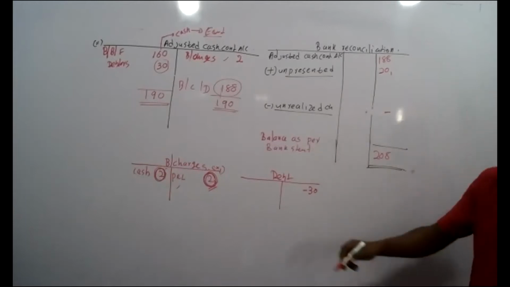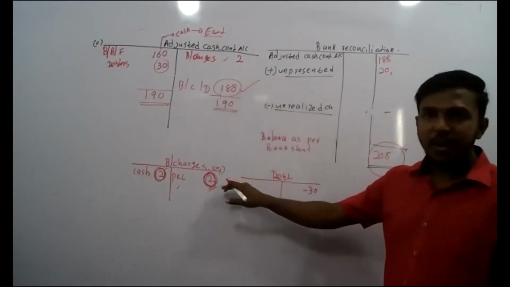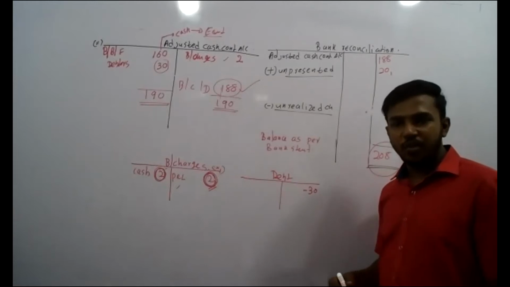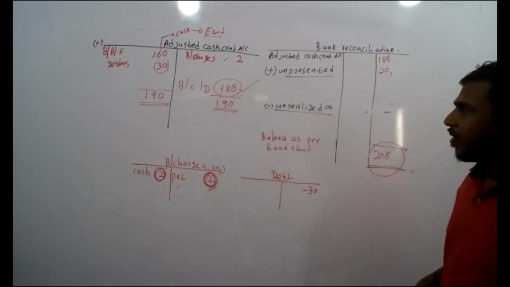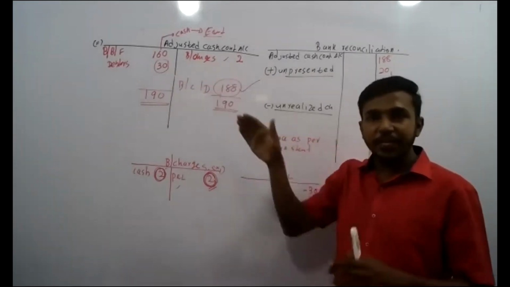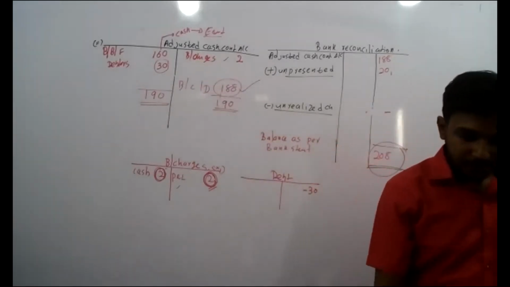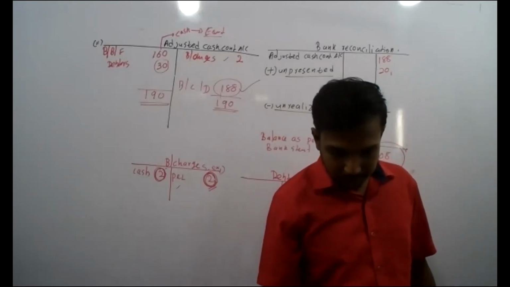Right? So you prepare the adjusted cash control account. Then this is the balance as per bank statement. No need to have these key accounts. I just showed it for your convenience. I just wanted to show you that not only credit and debit to here, the other entries also pass through. Clear? Okay, take it down.